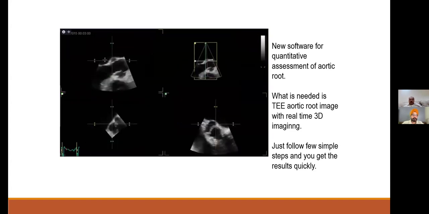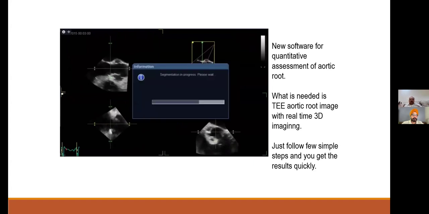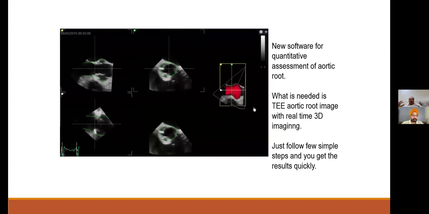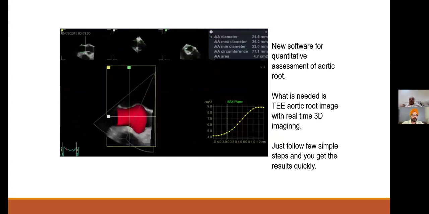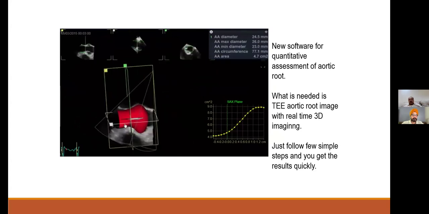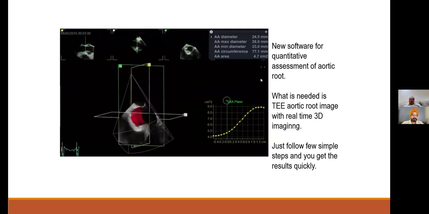What is needed is to do an aortic root image with real-time 3D imaging, and just follow a few simple steps, and you get the results quickly, because then it gives you a reasonably good cast. And from this cast, you can calculate the diameters, the circumferences, and the areas. The only thing which dubiously cannot be seen is calcification quantification. Quantification of calcium is a little bit of a tricky issue.